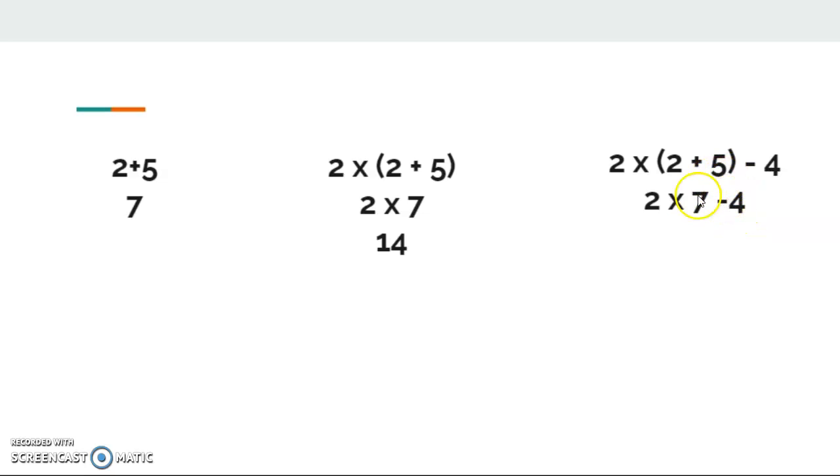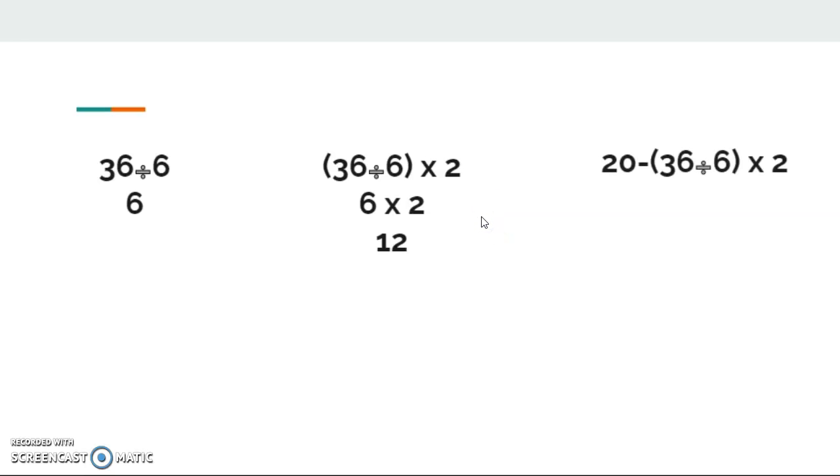I can't take away 4 from the 7 because that's not a 7. That's representing 2 groups of 7, which is 14, and then I can remove the 4. So really having a moment to think about what the operation tells us and how that affects the numbers helps us start to develop an understanding of the order that the operations have to be performed in because of their hierarchy.